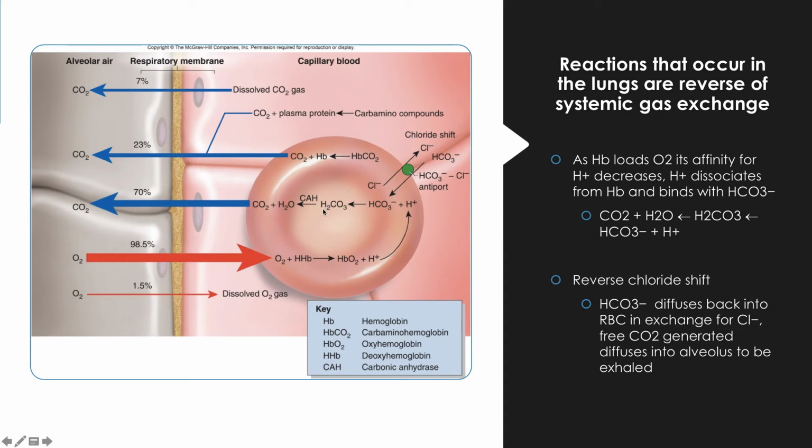So, if you have a lot of carbonic acid, it will facilitate the opposite reaction, breaking the carbonic acid into water and carbon dioxide. And then 70% of carbon dioxide leaves your red blood cells and enters the alveolar air that way.